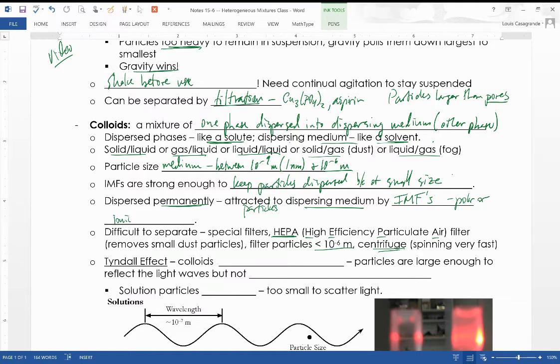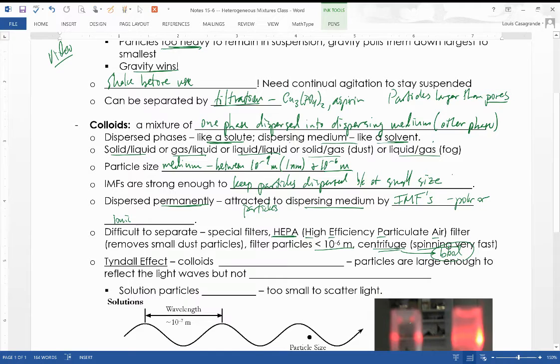It forces the materials to have a density gradient, and the denser materials will settle out and the less dense materials will come to the top. And that's typically used for something that would separate blood. So blood is made up of a bunch of different materials. Blood is a heterogeneous mixture. It's a colloid, and you can use centrifuging to separate out the various components of blood.